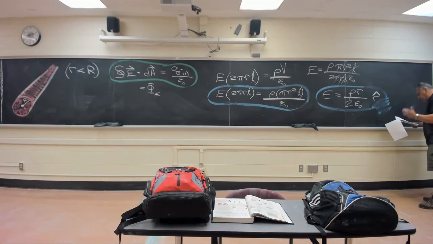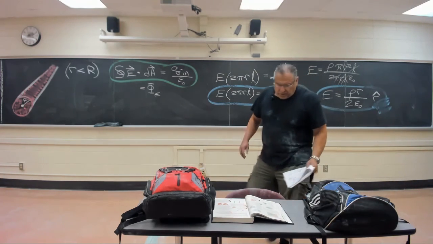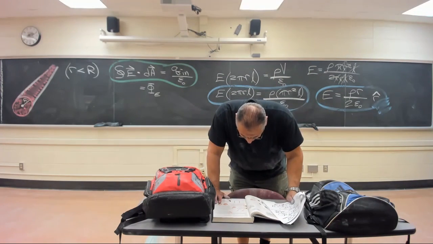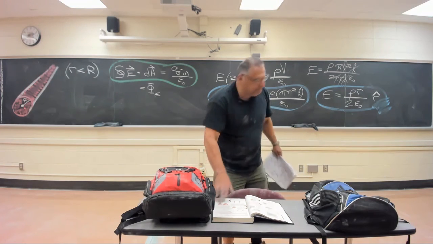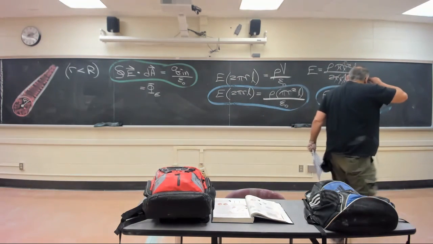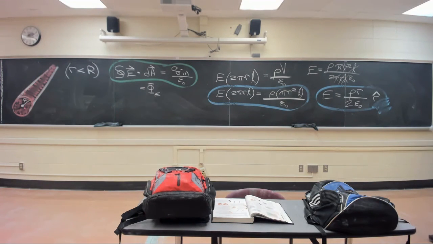Now we confirm consistency with the charge with lambda, the linear charge density. That's kind of the interesting point here. They're not really asking, find an expression for the electric field, use the equation to check your solution at the surface. I guess you could say a lot at the surface.